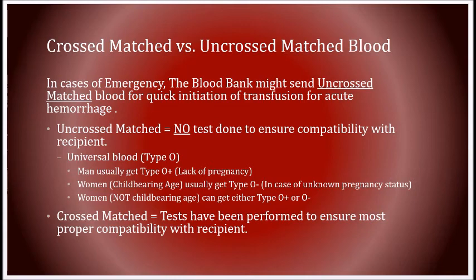The only reason is that at the moment we're treating that emergency, we don't know if the patient has had a previous pregnancy with an Rh positive partner. That would cause hemolysis of the blood, and that wouldn't be good. So females of childbearing age, if it's an emergency, O negative. Men, it doesn't matter, O positive or O negative, because men cannot get pregnant.